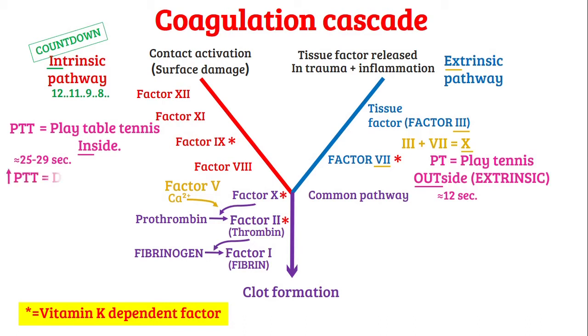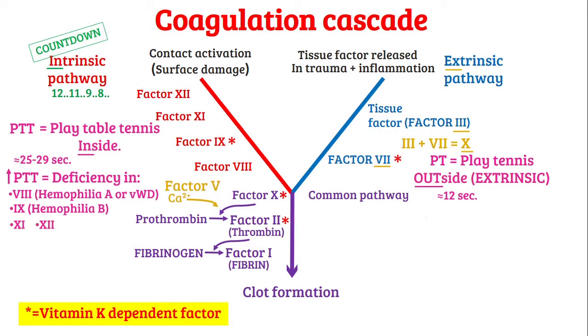So causes for a prolonged PTT with a normal PT include deficiency in factor 8, for example in hemophilia A or von Willebrand disease, a deficiency in factor 9, seen in hemophilia B, or deficiencies in factor 11 or 12.